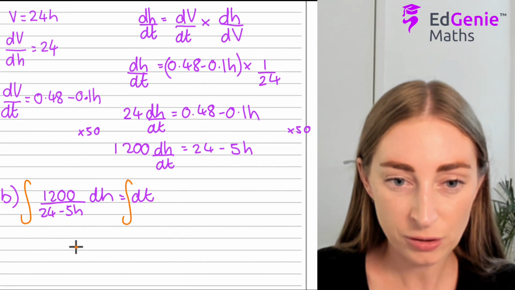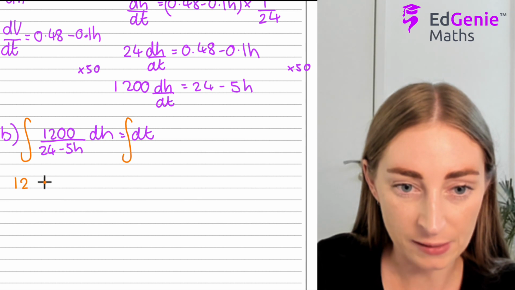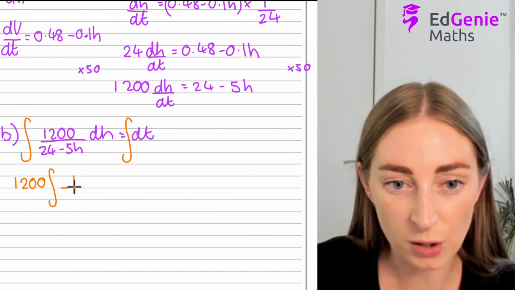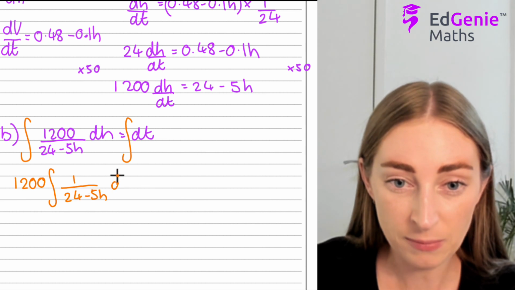So if you're not sure how to integrate this, you can actually take the 1,200 outside of the integral, and then we're going to have 1 over 24 minus 5h, which might be easier.